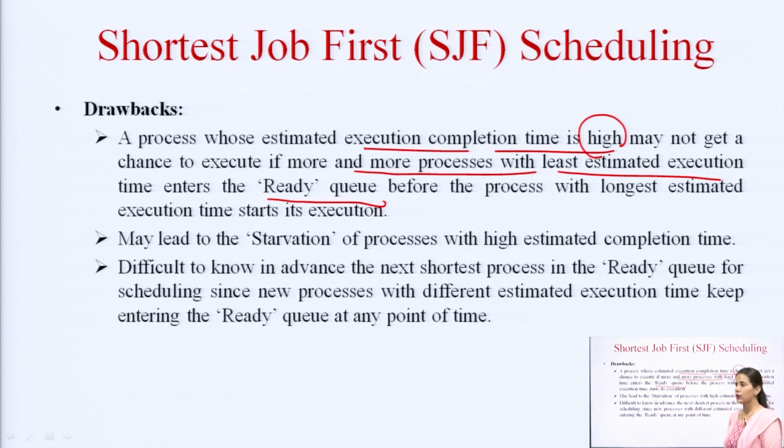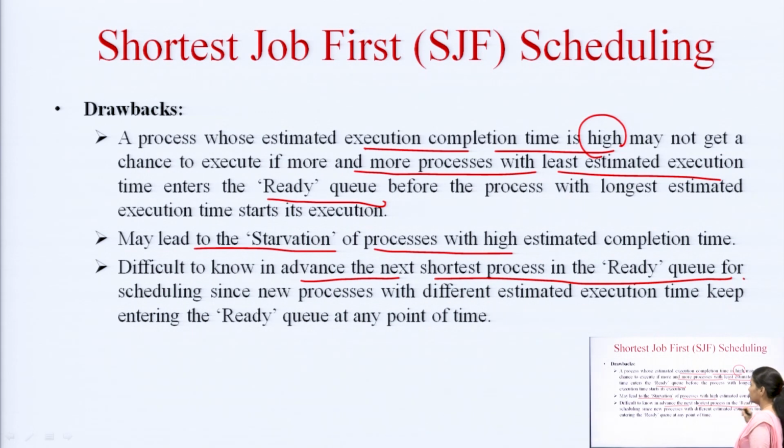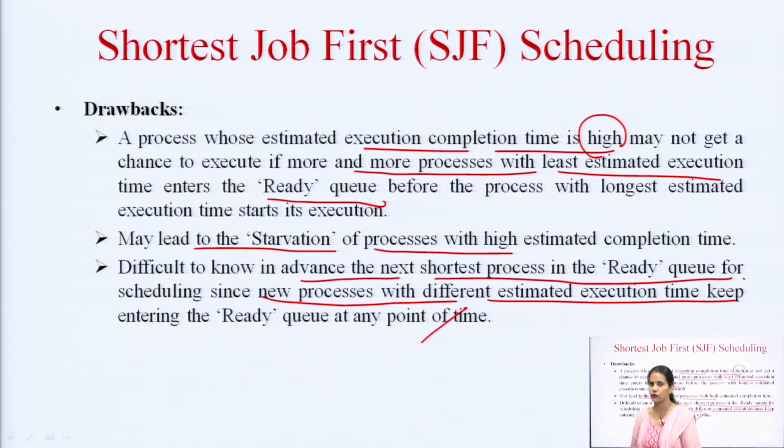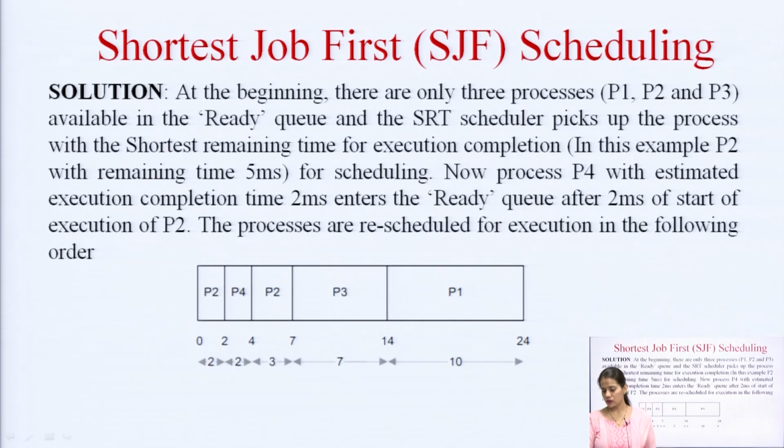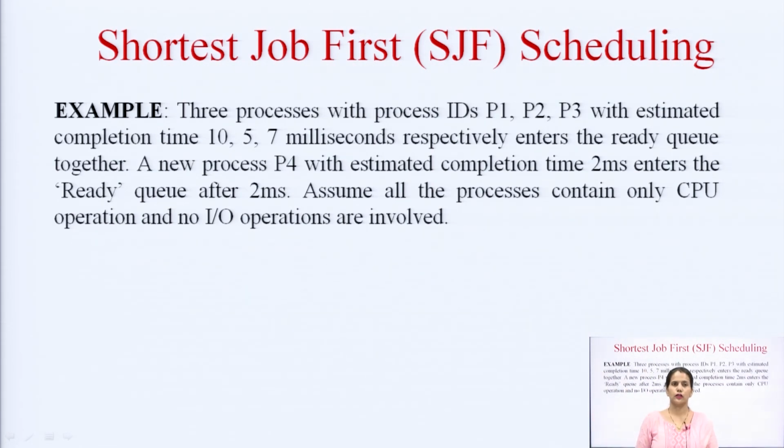So, this condition may come, and may lead to starvation again. It is also difficult to know in advance the next shortest process in the ready queue for scheduling, since new processes with different estimated execution times keep on entering the queue at any point of time. So, this may be the scenario that the processes or the tasks with the lesser execution time keep on entering the queue, and so the condition of starvation can be there.